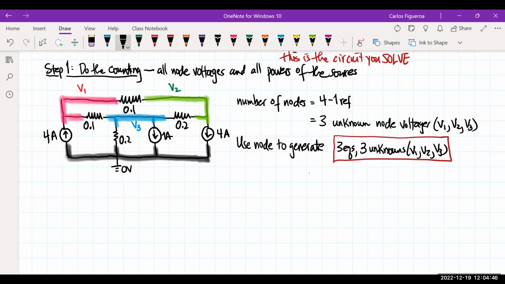Now I'm going to apply node analysis to each node. So now we're at step 2, and it says apply node analysis to each node voltage.